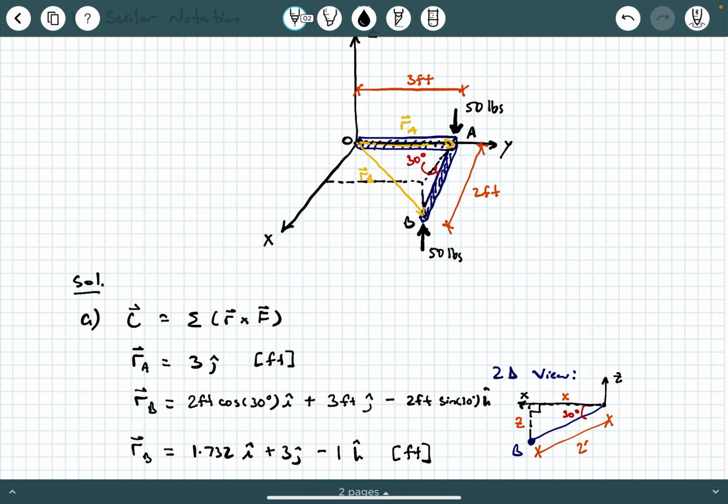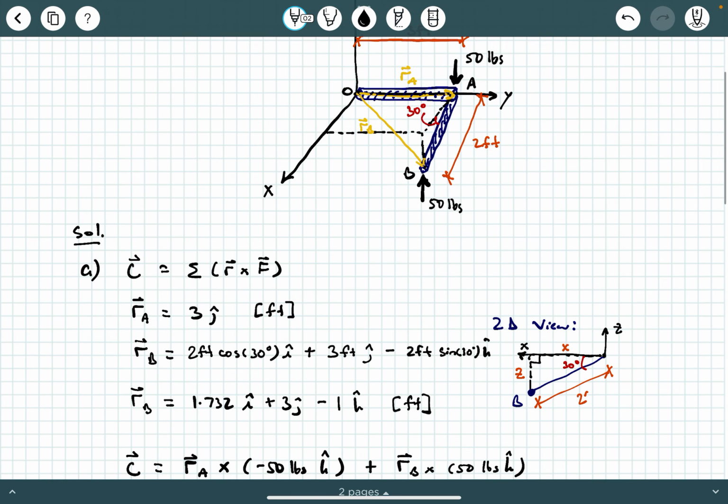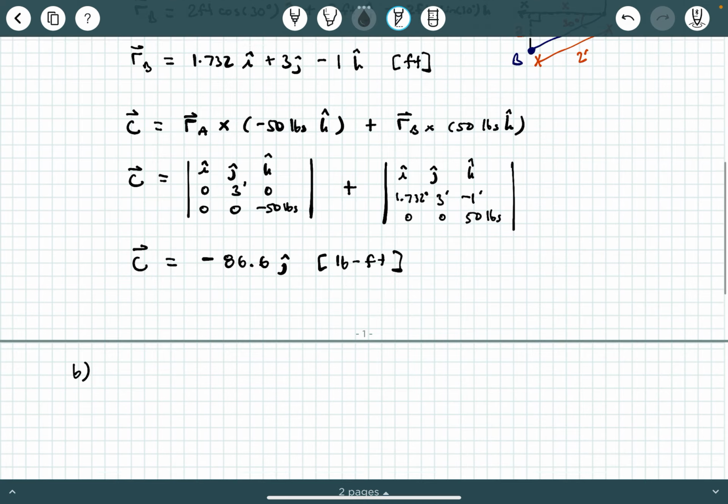This particular example asks us to do both, and that's why we're doing it, okay? So for scalar notation, guess what? We're going to pretty much utilize this type of figure again, this 2D figure looking in this direction at these two couple forces, okay? So what is that going to look like?